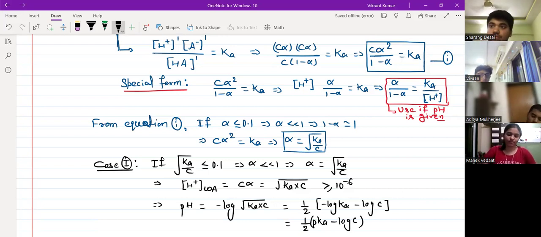Yes, so this will become the formula, but always check that it is more than 10 raised to minus 6.